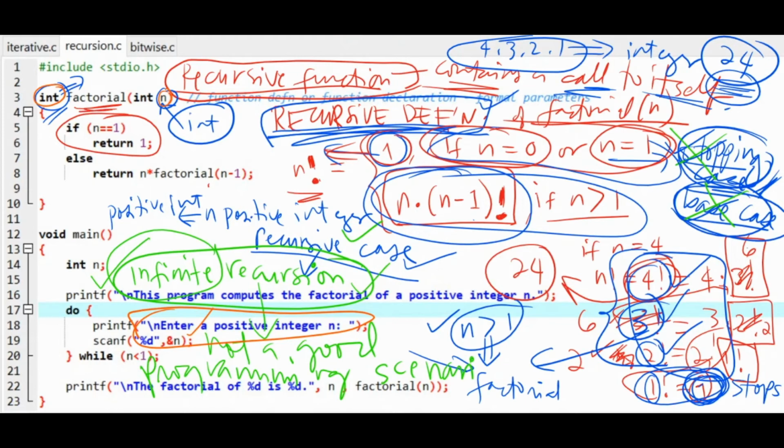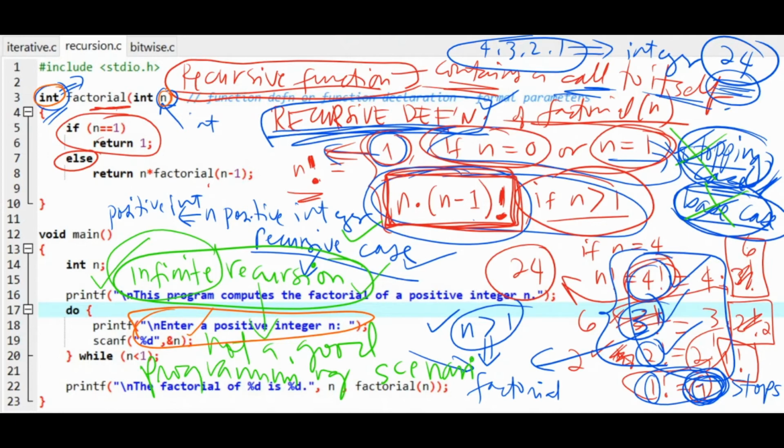So you can add in here or n equal to 0, and then enclose everything in parentheses. But of course, you can just use equal to 1 and omit the equal to 0. So this would be enough, saying if n is equal to 1, then return 1. And then this function will perform this computation if n is greater than 1. So else is if not equal to 1.